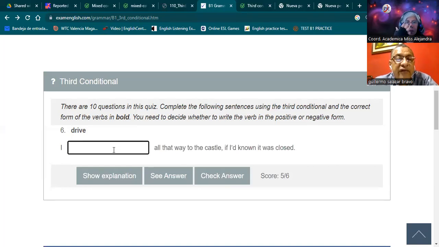With the verb drive. I have driven all the way, if I had known.